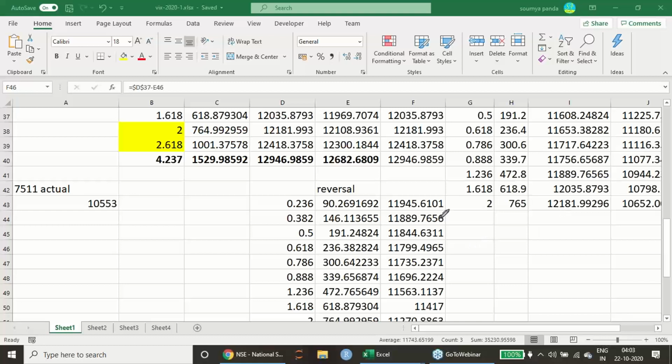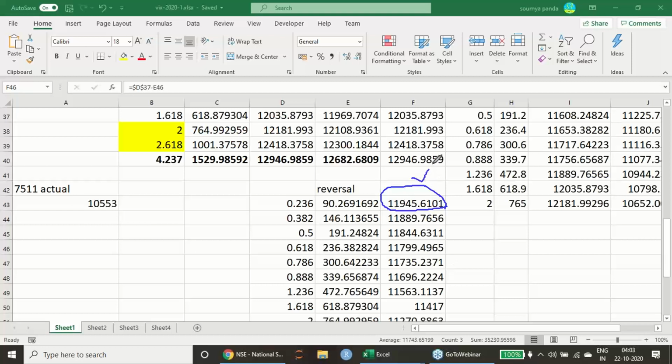We need to look into the factor of 11,945. Here reversal happened. Reversal has gone into 11,945, and below that. So now onwards, what are we expecting?